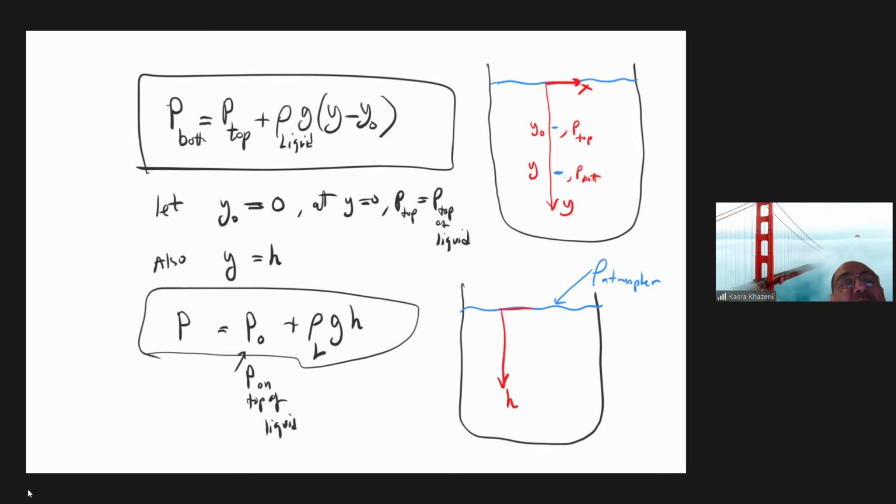Okay, so at this depth h, pressure is the same everywhere here. Pressure here is that equation. It only depends on h. The pressure of the liquid at depth h only depends on h. It means it doesn't depend on any other dimension of the container.